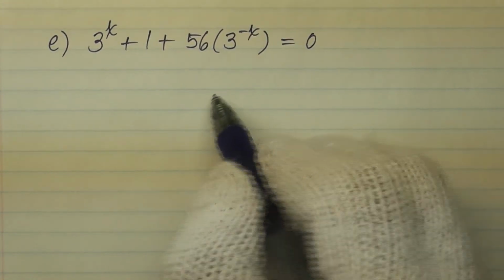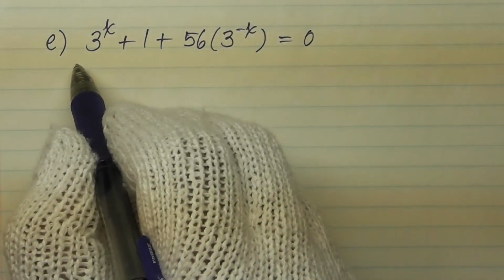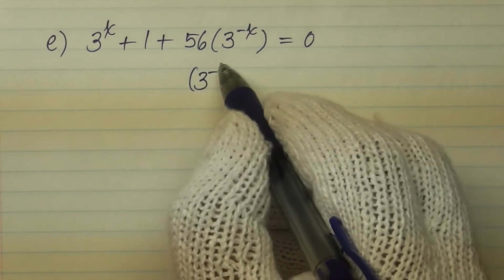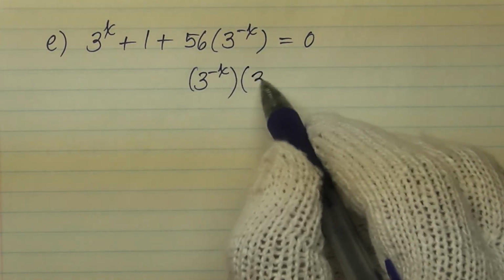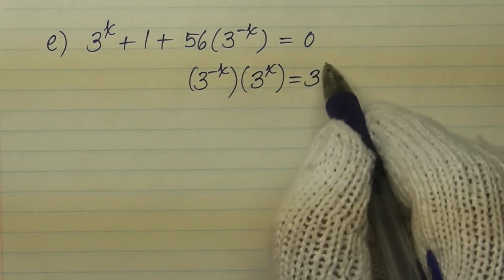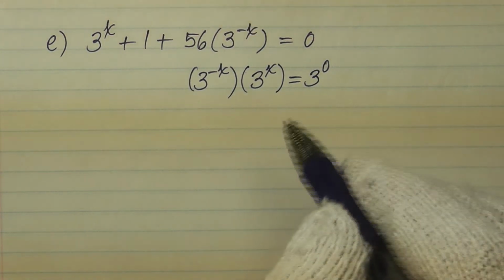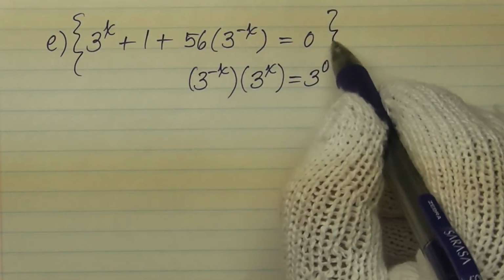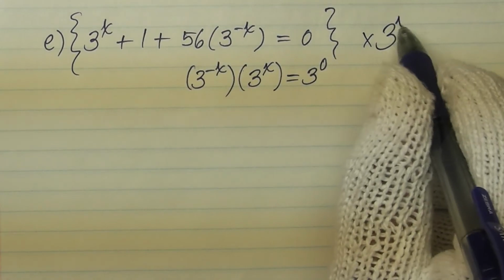Alright, here's the trick. Find the lowest exponent of 3. We've got x, we've got negative x. If I take 3 to the negative x and I multiply it by 3 to the x, this will give me 3 to the 0, or 1. So what I'm going to do is take everything in this expression, both sides, and multiply by 3 to the x.